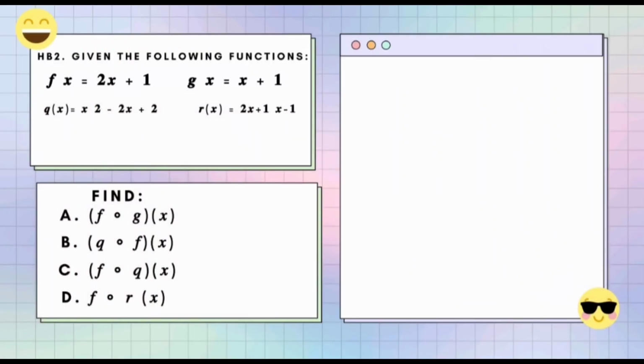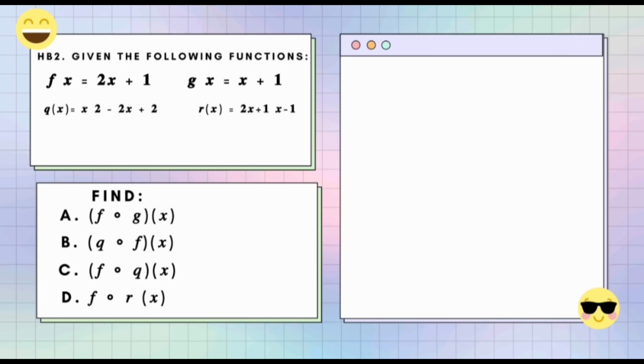And lastly, letter D, f composed of r of x is equal to f of r of x. Given the functions f of x that is equal to 2x plus 1 and r of x that is equal to 2x squared plus x minus 1, find f composed of r of x.